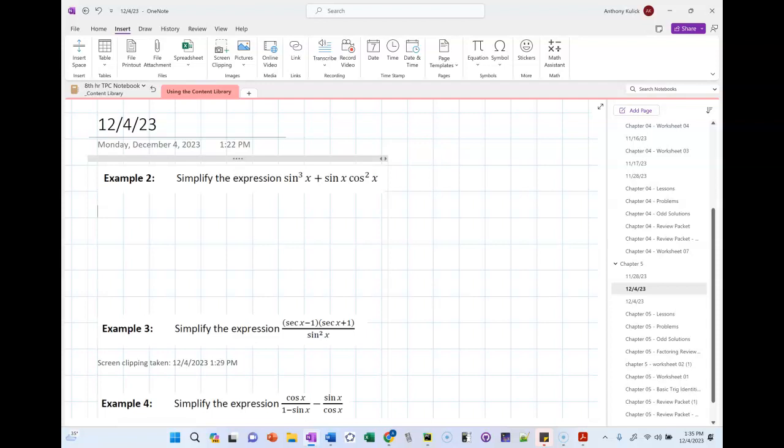Sine cubed x plus sine x times cosine squared x. And let's look to see if there's anything algebraic that we can do here. Again, when I say algebraic, I mean factoring, foiling, combining like terms, common denominator, reducing a fraction, stuff like that. Now, 2 of these right away are out, right?